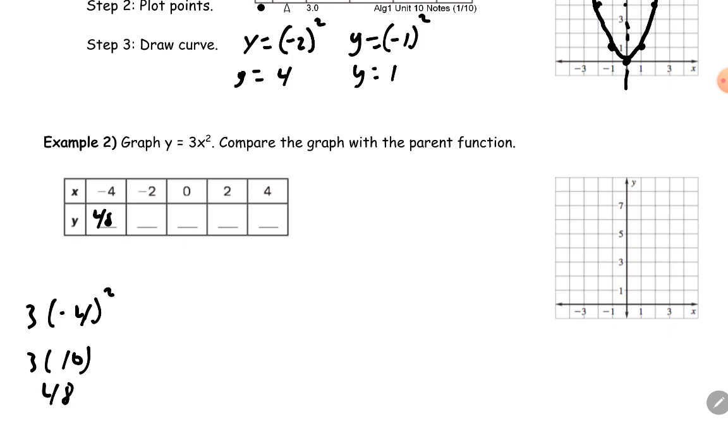That's a huge number. 3 times (-2) squared is 3 times 4, which is 12. Okay, this is 0. This is 12, and this is 48. So you notice how the left side is just like the right. This is 12, that's 12. This is 48, that's 48.